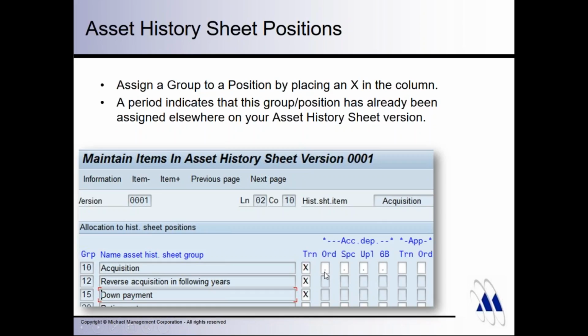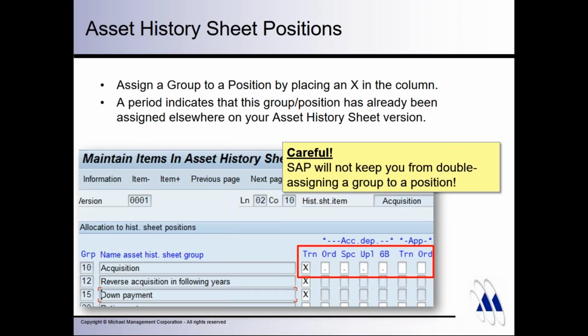But all you're doing is assigning one to the other to the next. Now, if you see a dot in one of these fields right here, that means that this field was already assigned somewhere else. So it helps you a little bit so that you don't double assign something. Now, one thing to remember is SAP will not keep you from double assigning a group to a position.